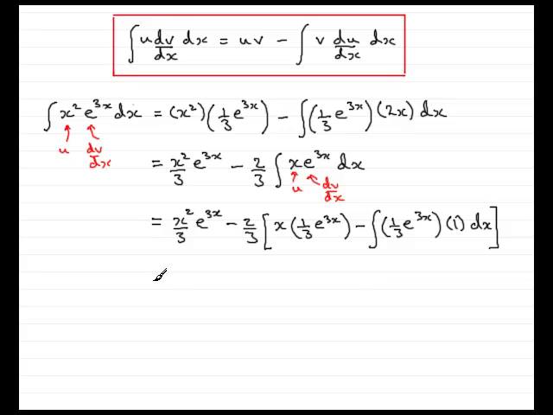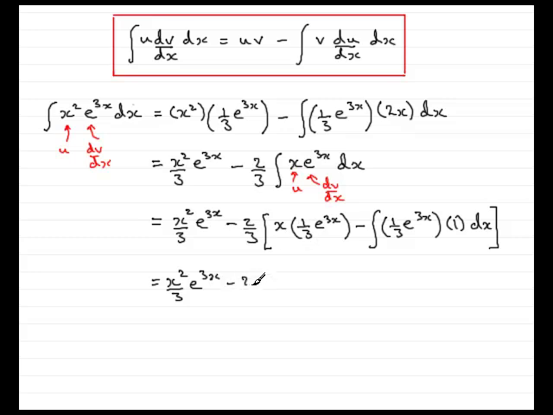Clean up. Notice you do something and then I clean up. So first term is already cleaned up, that's x squared over 3 e to the 3x. Now when I clean this up, I'm going to multiply at the same time each term in here by the minus 2/3. So minus 2/3 times this term here is going to be minus 2/9.